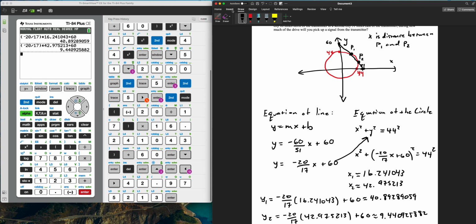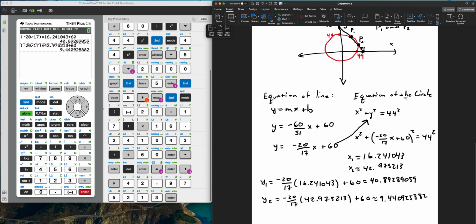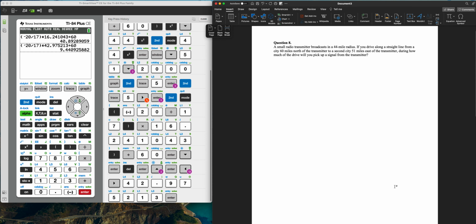So now we're going to insert a blank page, running out of room on this page, and we're going to use our distance formula to compute the distance between P1 and P2. So let's do that. So remember, our distance at the beginning we called x.